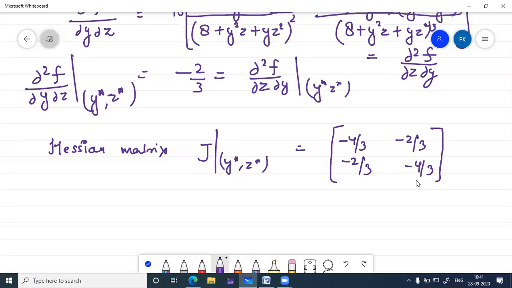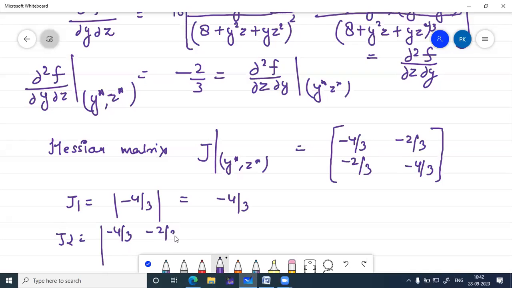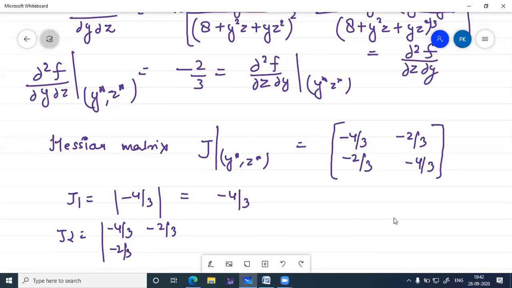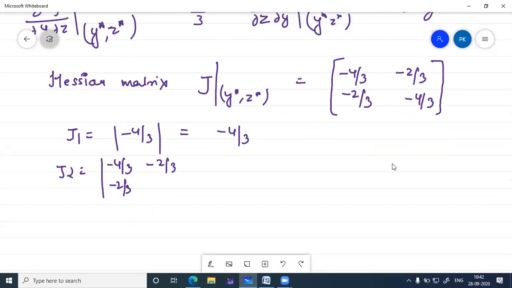Now we obtain the determinants from this Hessian matrix. So J1 is equal to the determinant of minus 4/3, and its value is minus 4/3, negative. J2 is equal to the determinant of this 2 cross 2 matrix: minus 4/3, minus 2/3, minus 2/3, minus 4/3.